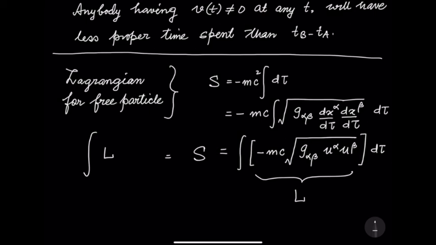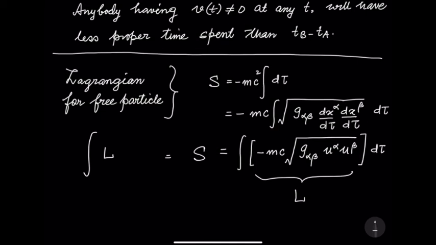You see, this L itself is Lorentz invariant. There are no hanging indices. g alpha beta u alpha u beta is the dot product of u alpha and u beta, which is a scalar. m is the mass of the particle, which defines the particle, is a scalar. c is obviously a scalar. That's the second postulate of special relativity.